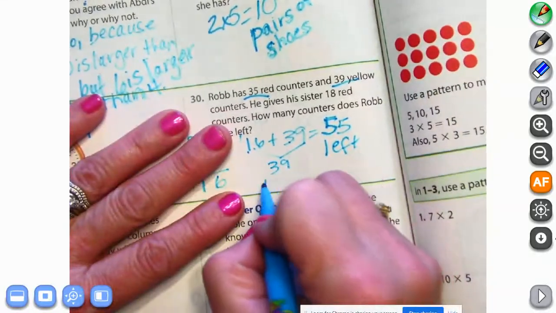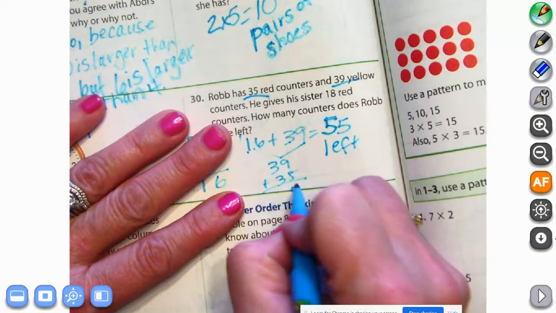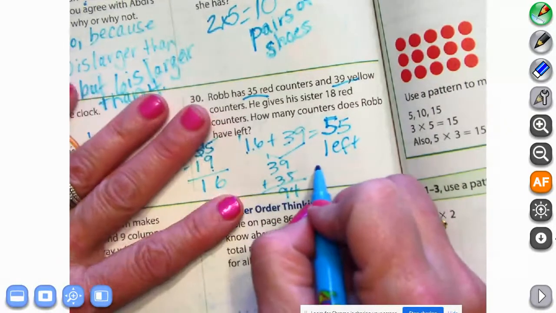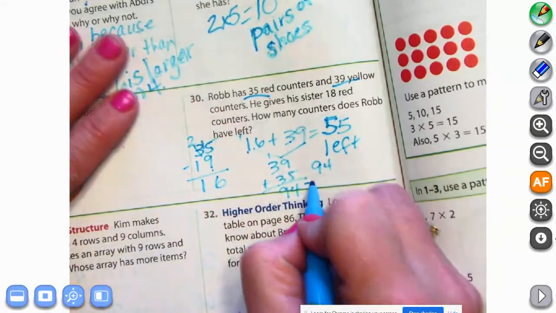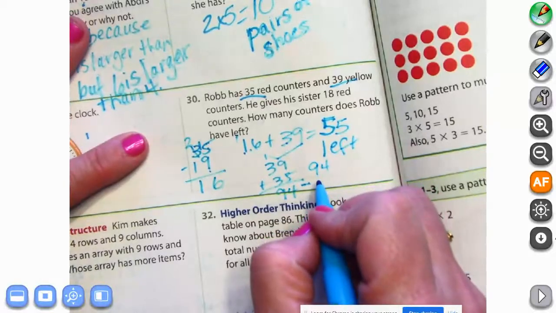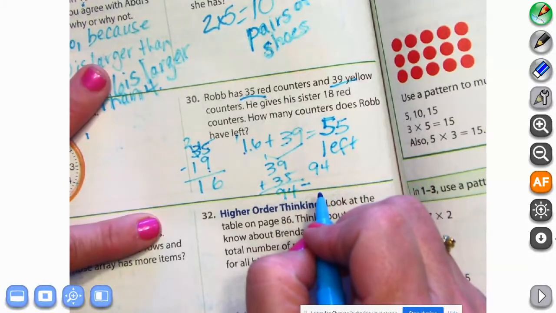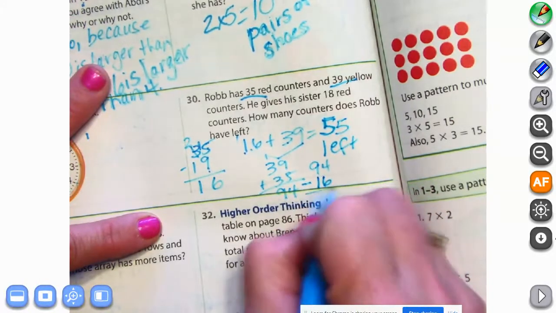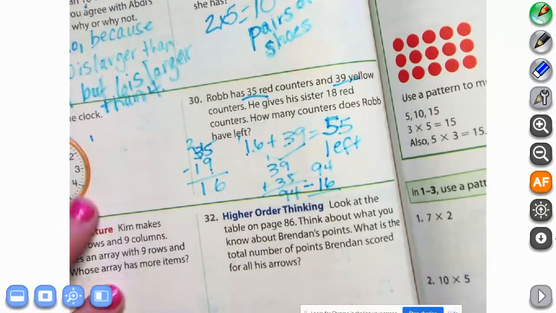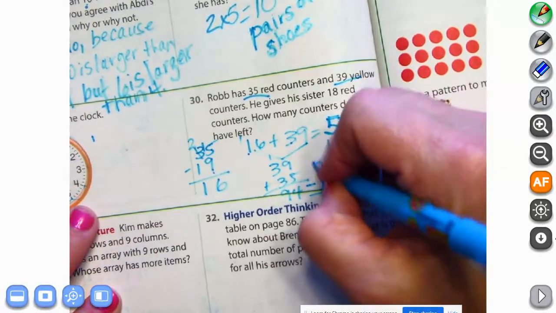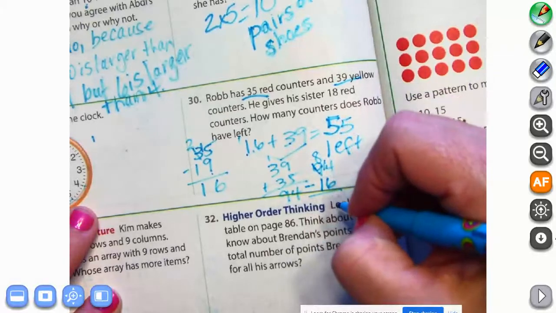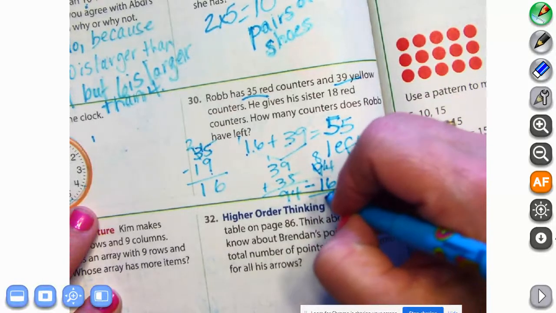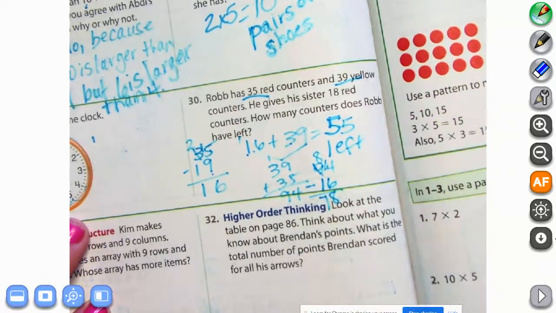39 plus 35 is 14, carry 1, 74. And then 74 minus 16. Oh, it looks like I did some math wrong here.